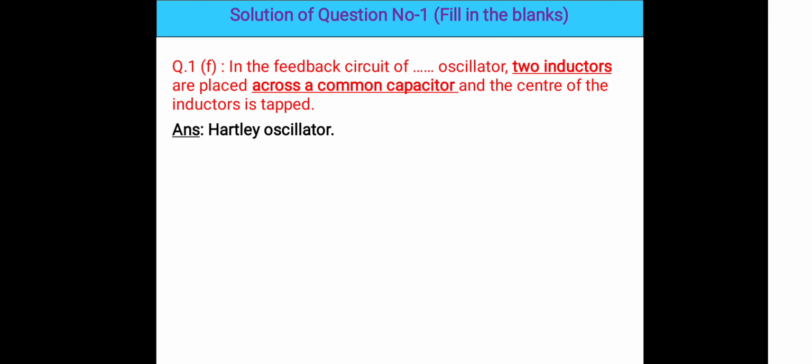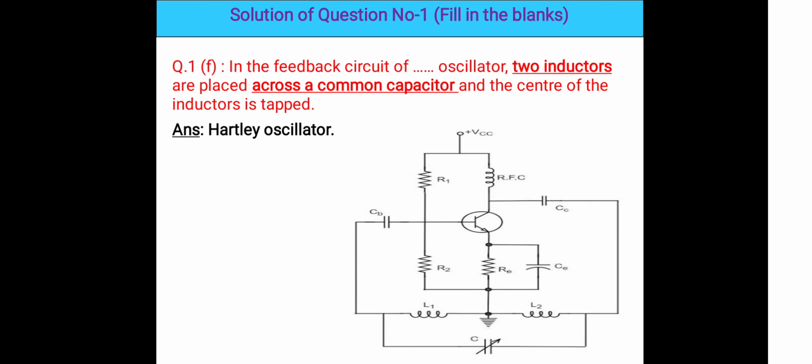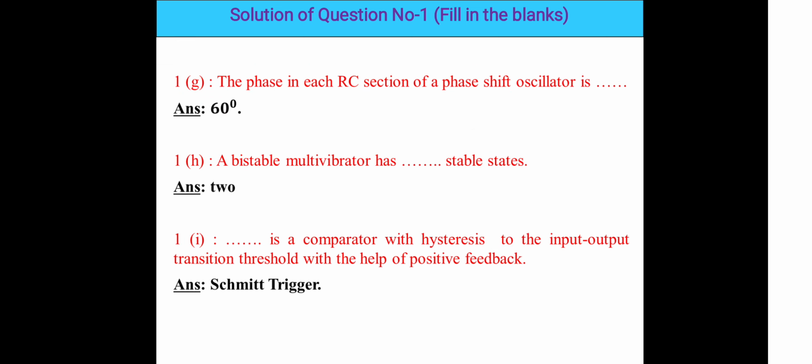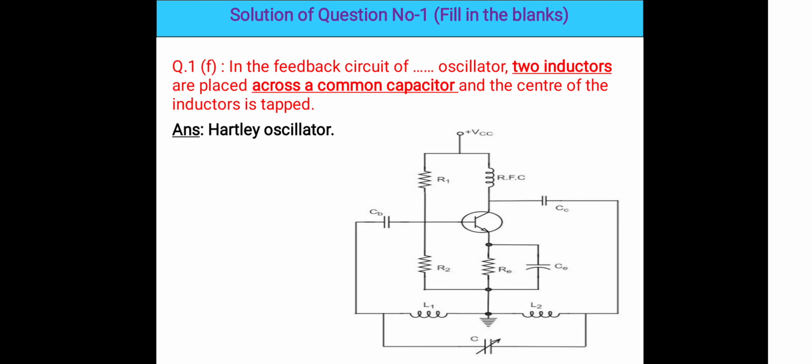We know that in the Hartley oscillator, two inductors are used and one capacitor is commonly used, with a center tap. See in the circuit here, this is L1 and L2, two inductors, and we have used this variable capacitor. So Hartley oscillator is the correct option for the fill in the blank.